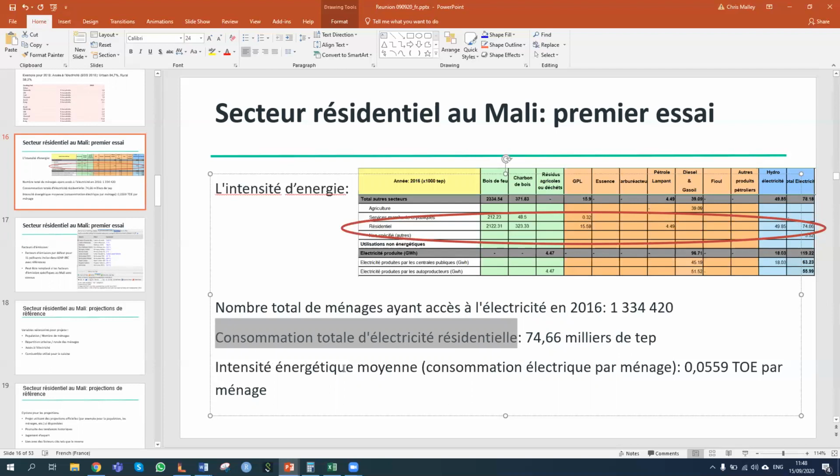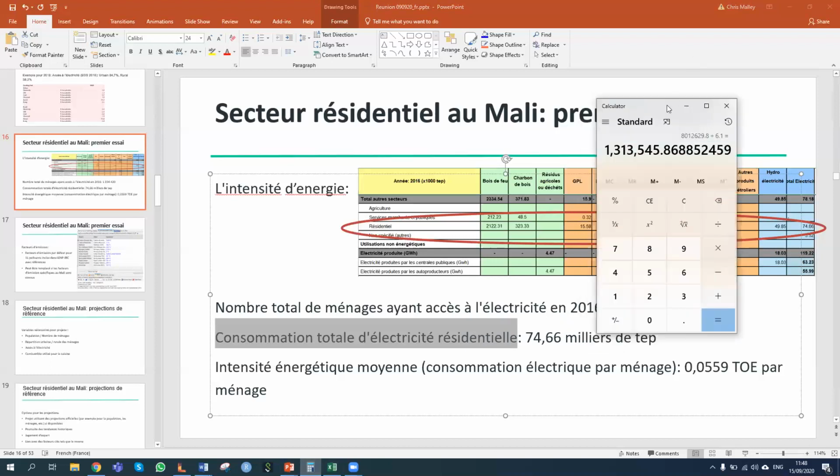Our average energy intensity, the consumption of electricity per household for just those households that have access to electricity, is then 74.66 million tons of oil equivalent, 1,000 tons of oil equivalent, sorry, divided by 1.334 million households.